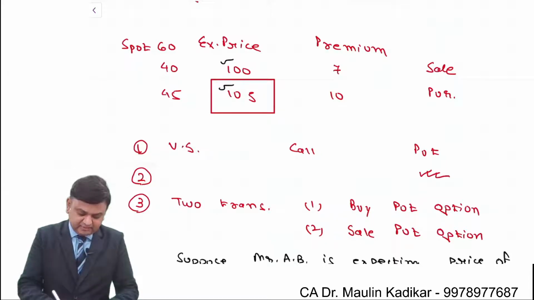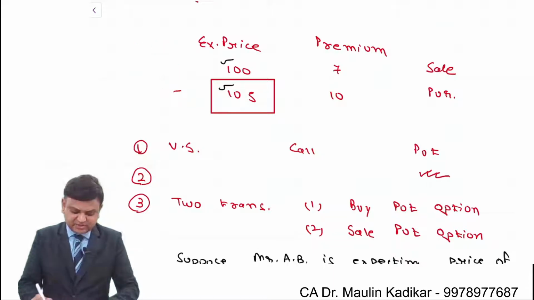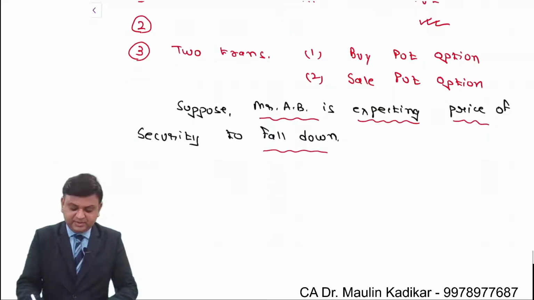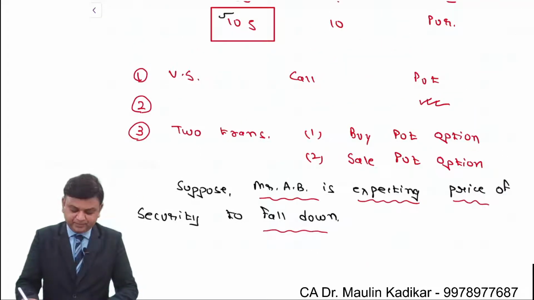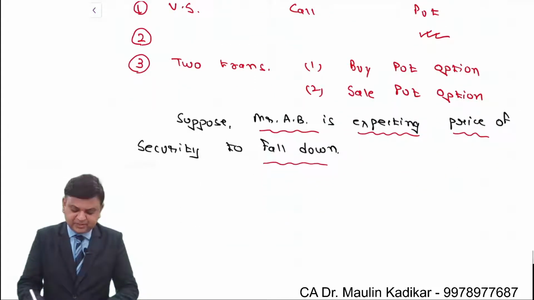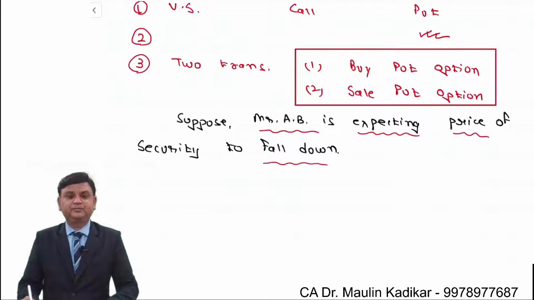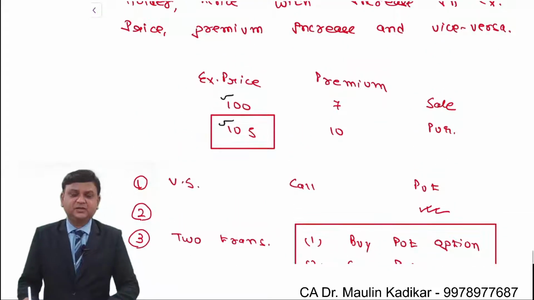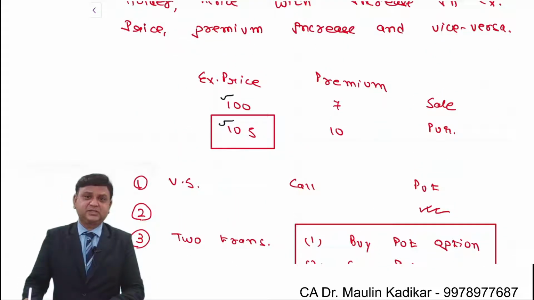I repeat it again. Friends, over here you have to understand essentially that in case of vertical spread strategy, always a combination is pre-decided. What is the combination? The combination is you will buy put option and you will sell put option. At which exercise price? We understand at different exercise price.